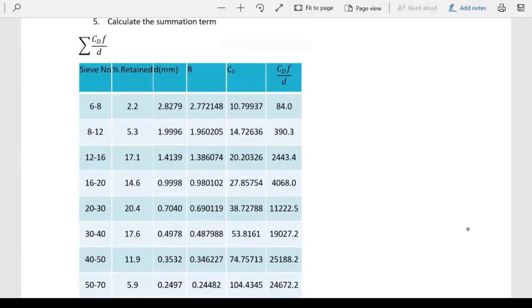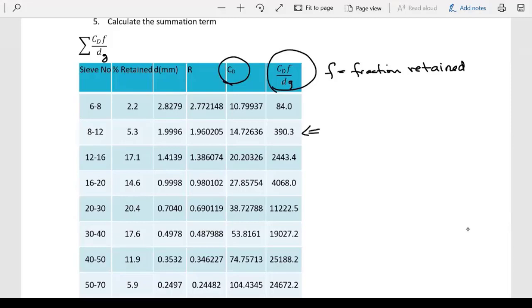The next thing we need is that summation term that's in our head loss equation. This is the term where we've multiplied C_D times the fraction retained, so f is the fraction retained, divided by d, our diameter. And we will continue to use the geometric mean diameter.